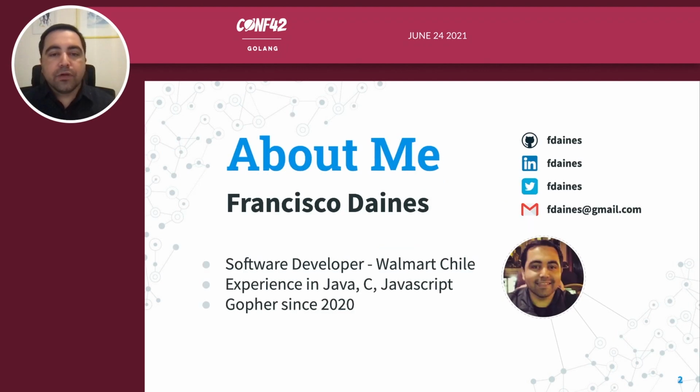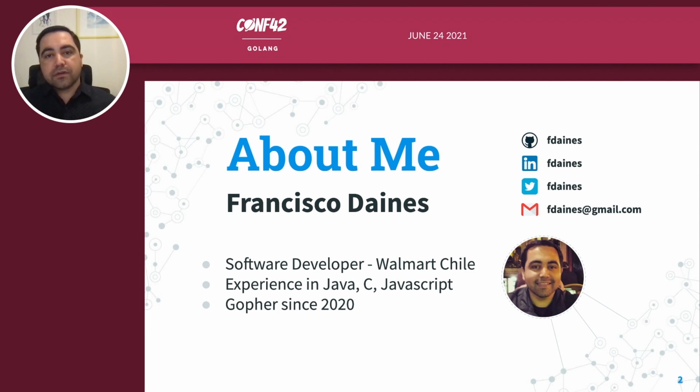To start, I'm going to introduce myself. My name is Francisco Daines, but most of the people call me Dino. I am a software developer and I'm working in Walmart Chile, in the Artificial Intelligence and Data Exploitation Department. I have worked in many industries, in many business models, playing different roles and working with different languages, as Java, C, JavaScript, Python, Perl, Ruby, and others.